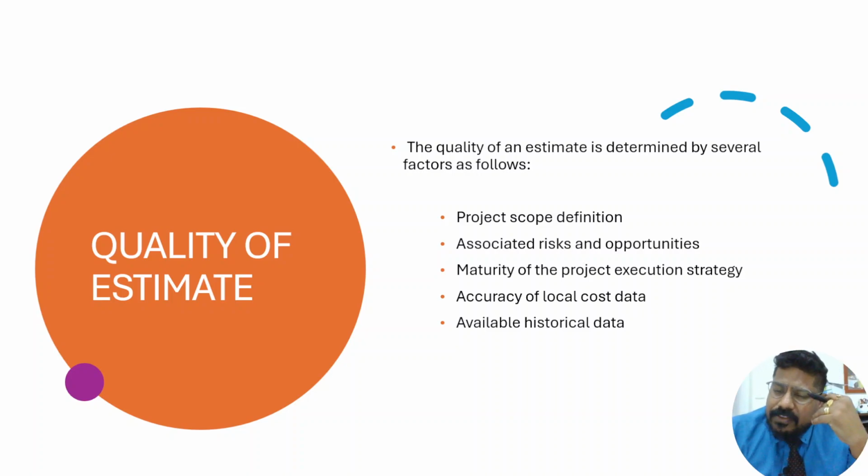If it is beyond that, it should be because of some rarest of the rare scenario. The quality of an estimate is determined by several factors as follows: project scope definition, associated risk and opportunities, maturity of the project execution strategy, accuracy of local cost data, and available historical data.